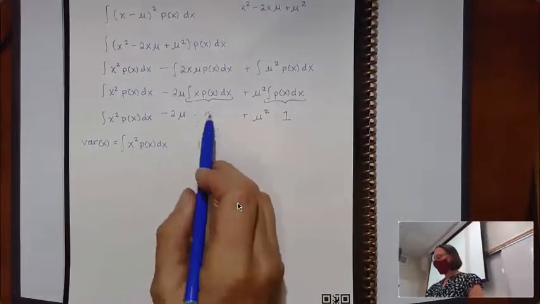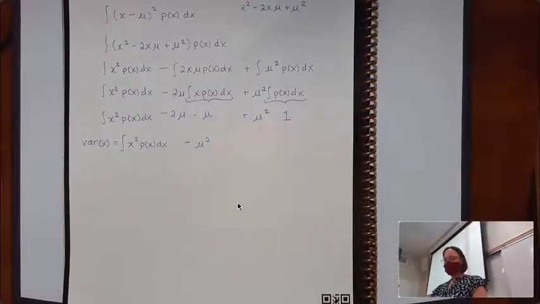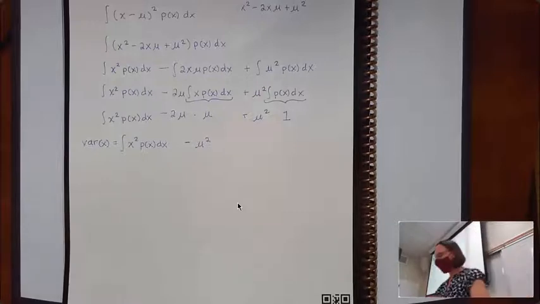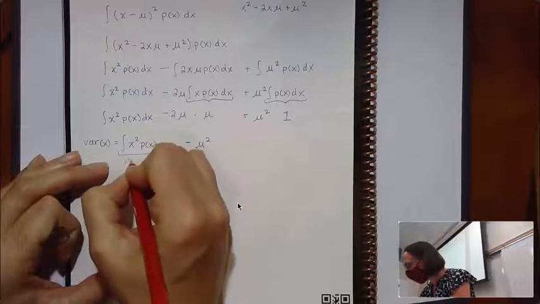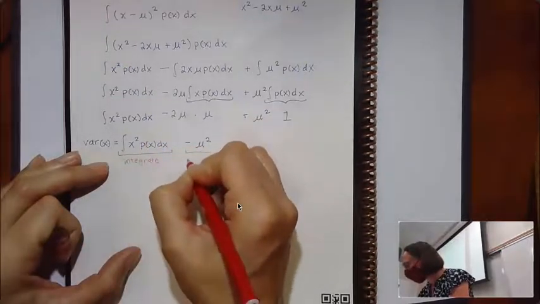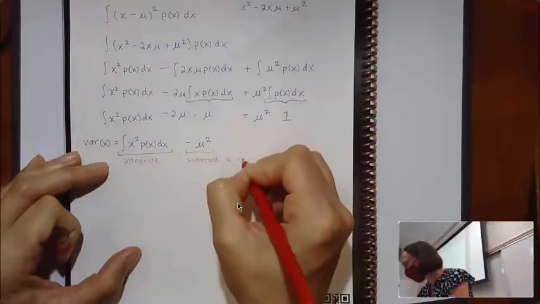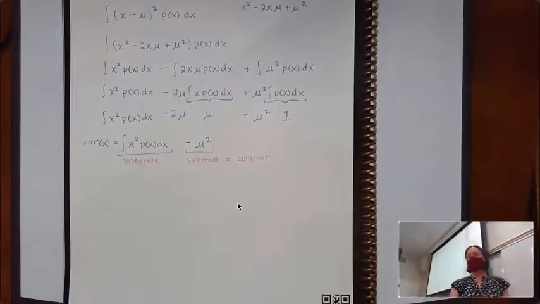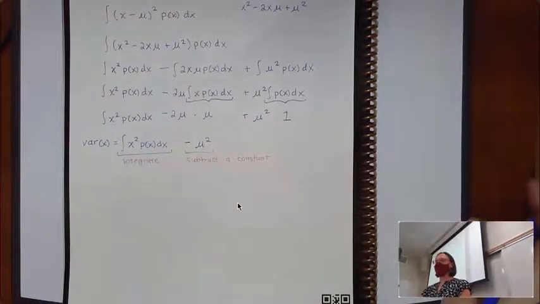Because we've got a -2 mu squared plus a mu squared. The most common thing that I will just caution everybody about is if this part requires integration. This is literally subtracting a constant after you're done. It's not part of the integration because it already came from knowing what the values of those other integrals were.